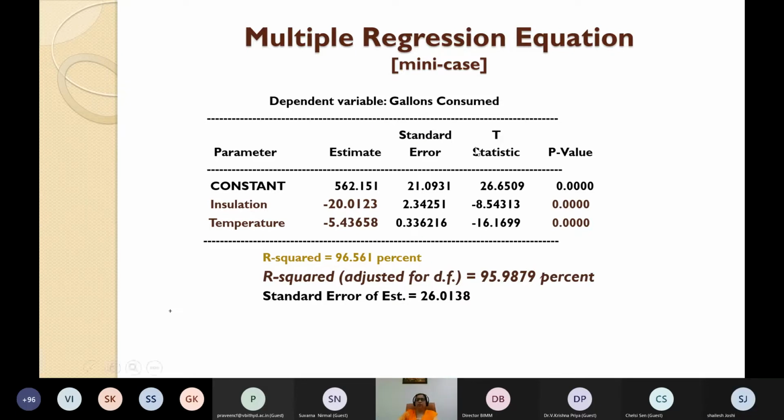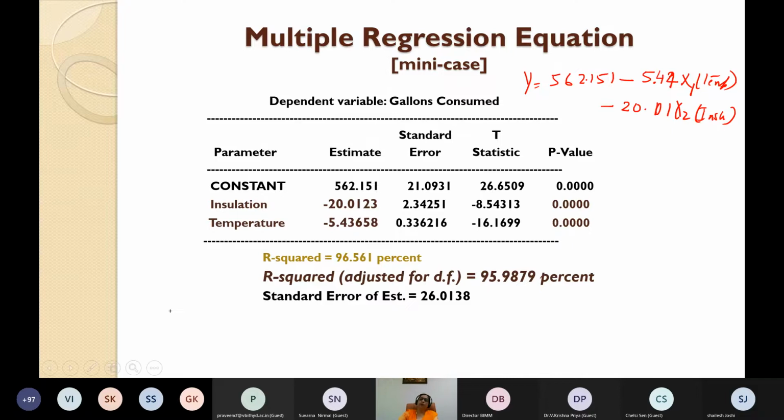So as per this, the equation shall be, the consumption Y equals 562.151 minus 5.44 x1, which is the temperature, minus x2, which is your insulation.